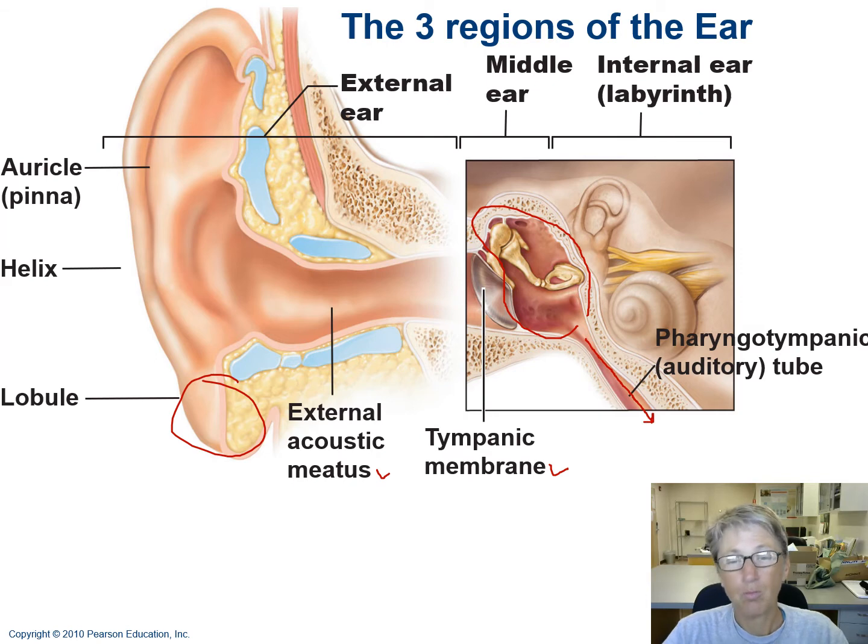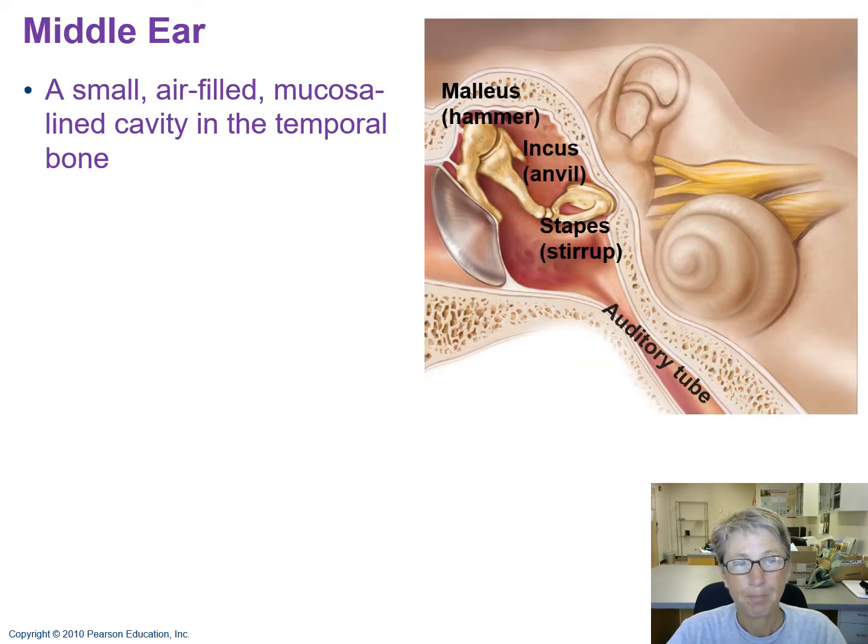And you guys know this, if you're in an airplane and you want to try to equalize the pressure in your ear, you can plug your nose and build up pressure in your nasal cavity, and it will pop that tympanic membrane back to equalize the pressure.